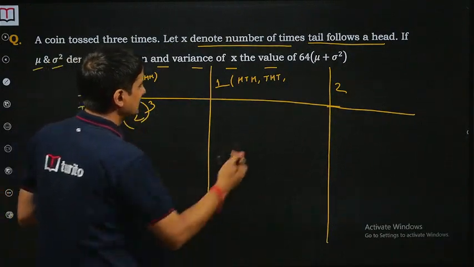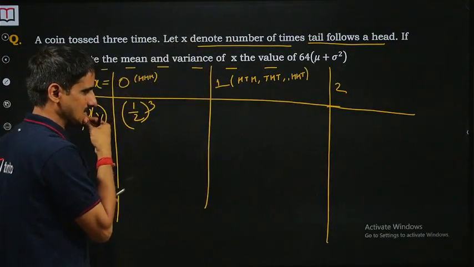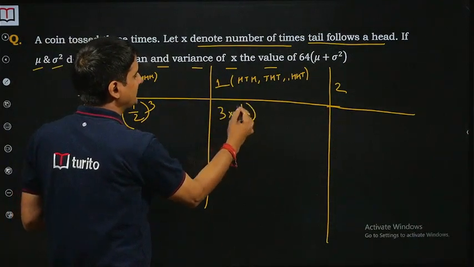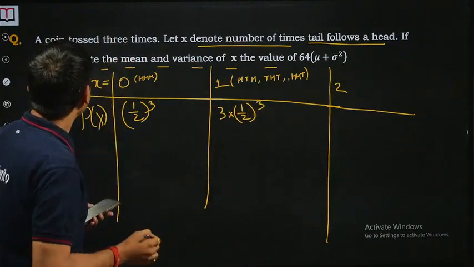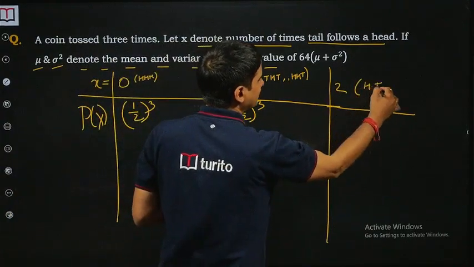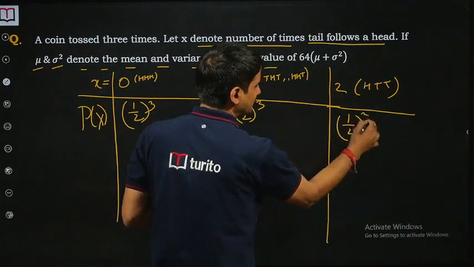Or it could be HHT, again one tail follows a head. So it's 3 times, and since it's a coin, every time it's (1/2) whole cube. And then 2 tails following heads is just this much, so it's again (1/2) whole cube.